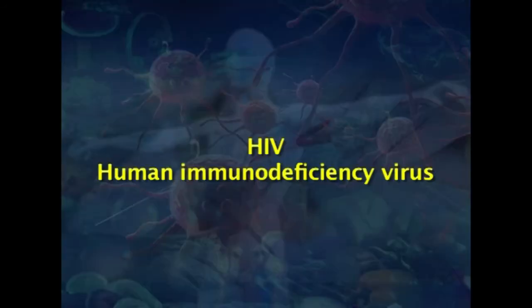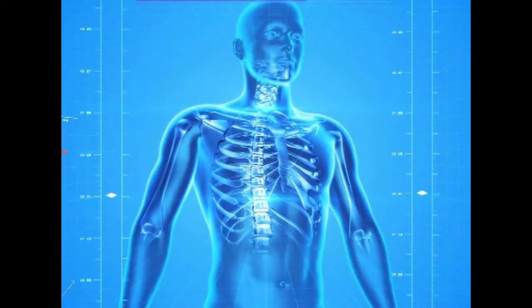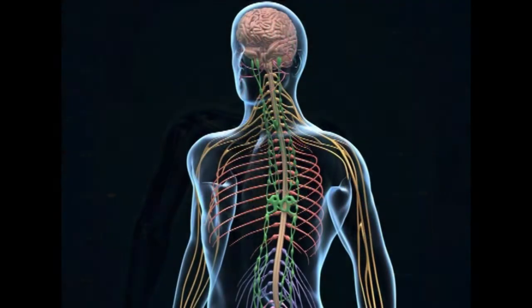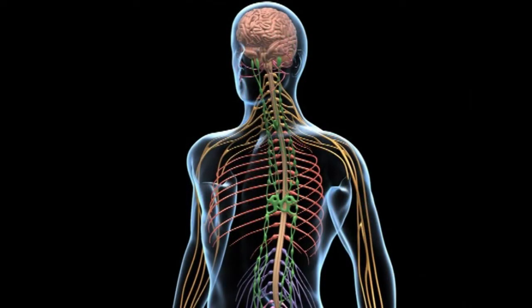Next is HIV, or human immunodeficiency virus. Now, as I said, this attacks both the immune system and the nervous system. Immunity refers to the resistance to or protection against a specified disease.